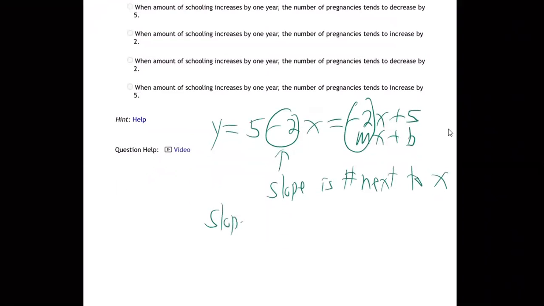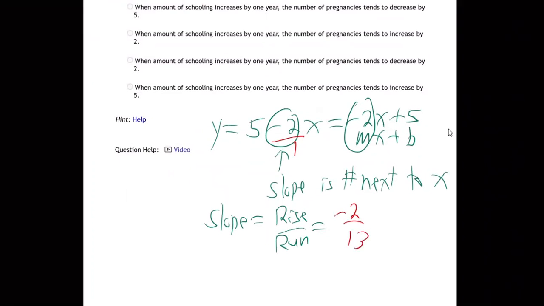Do you remember that a slope means rise over run? Do you remember that from earlier math classes? So if I take that -2 and I put it over 1, now why am I putting it over 1? Well, because any number that isn't a fraction can be put over 1 because dividing by 1 doesn't change it, right?